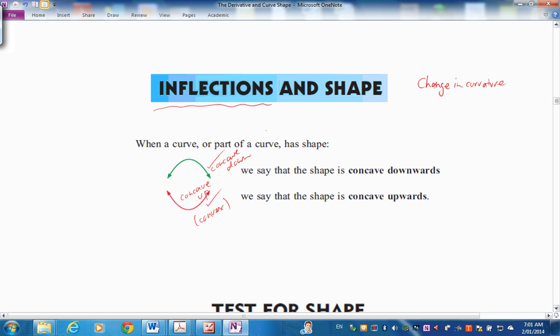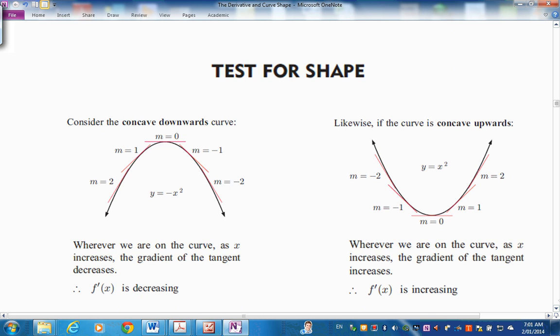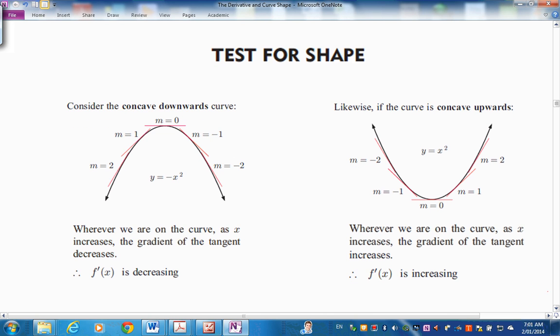Okay, here we are, summarised nicely there. So we're looking at how we can detect when it's going to change around from downwards to upwards. Let's see if we can get that detail now. So the test for shape. If you've got a concave downwards curve, what's happening? The slope is positive, less positive, 0, and then going to a negative.